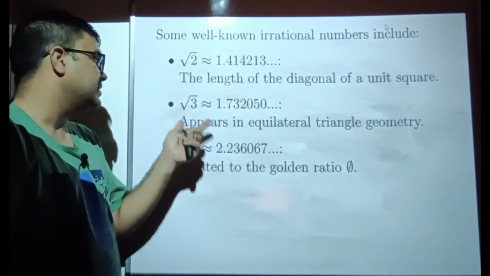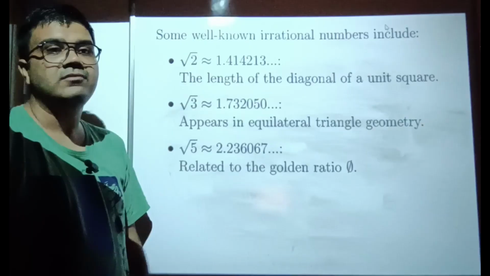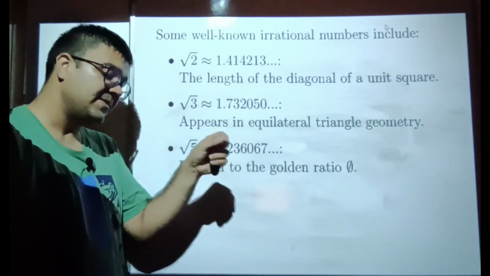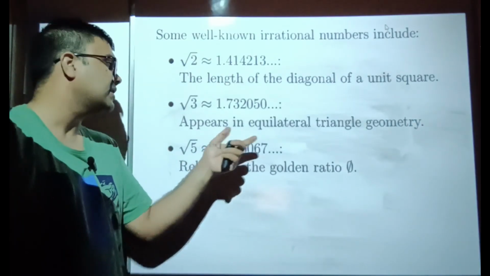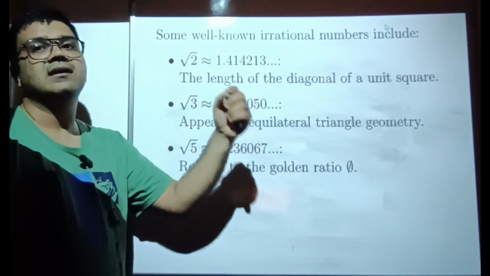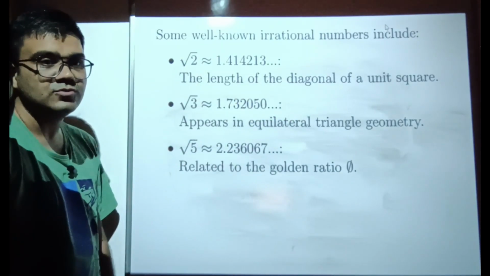Where does it appear? It appears in equilateral triangle geometry. Many times we use square root 3, for example when we talk about the area of the equilateral triangle or calculate formulas related to triangles.